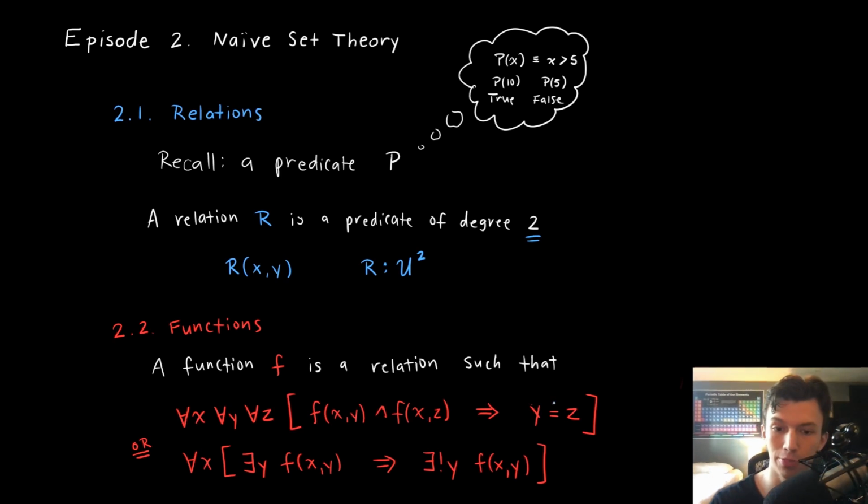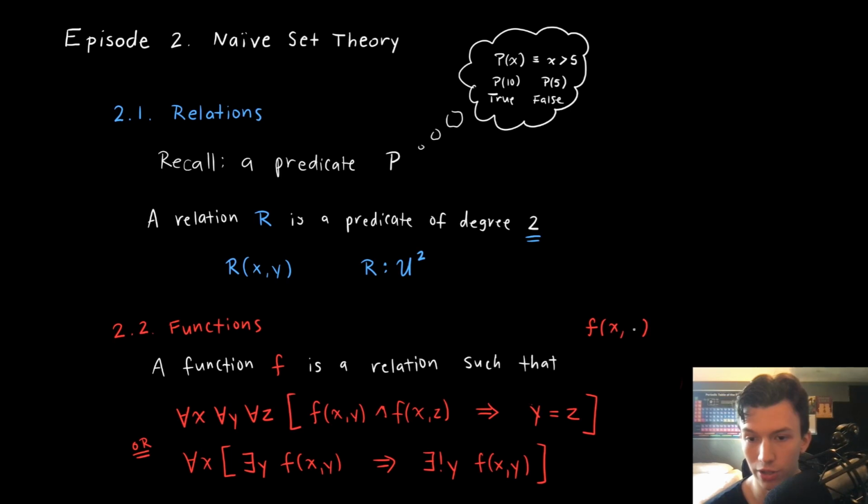And the reason I say output is because when we have this property, where the input in the second slot is unique for each input in the first slot, then if we put something like f of x comma, and leave this blank, since it can only be one thing, we already know what it is.